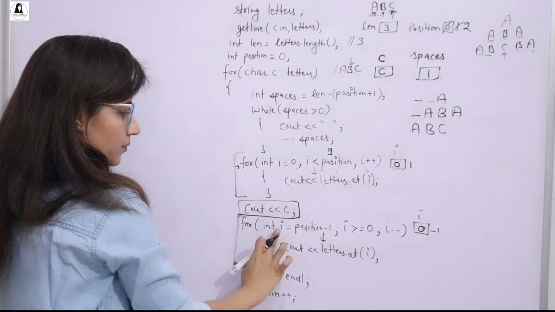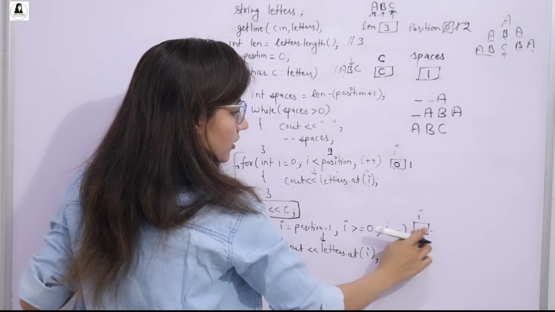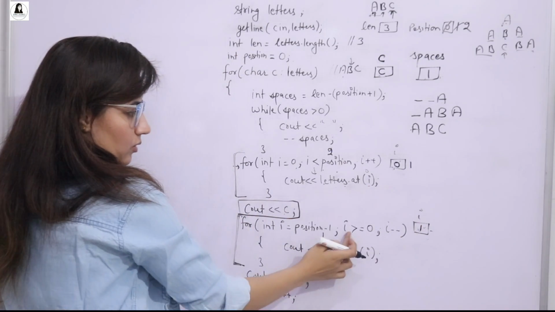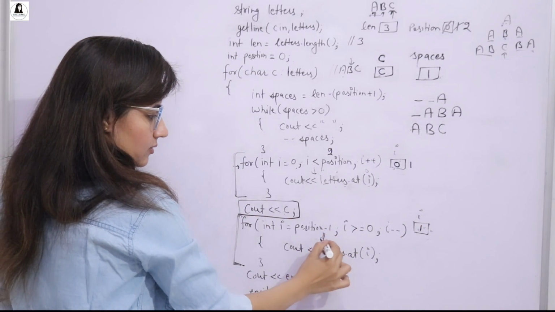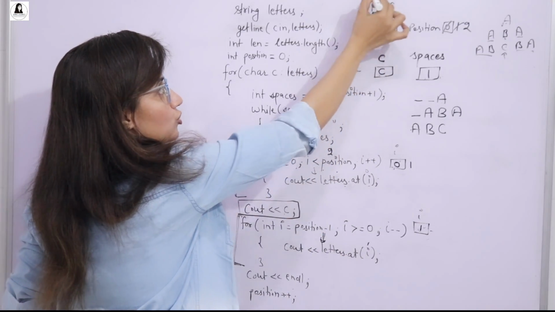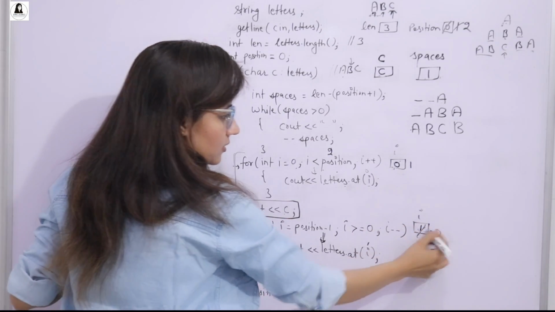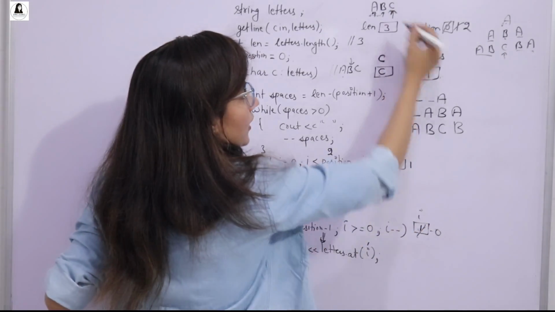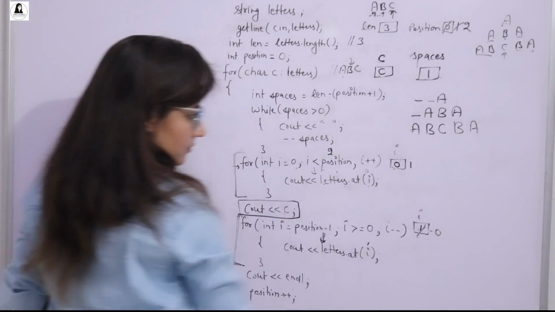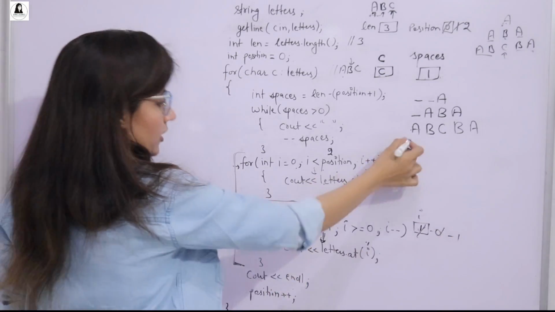Now in reverse order, I is position minus 1, position is 2, 2 minus 1 is 1. So I is right now 1. 1 greater than or equal to 0, yes. Enter here, whatever is there at 1 from this letters would be printed. So 0, 1, 2, at 1 we have B, so B would be printed. I minus minus, 0, at 0 we have A, so A would be printed. Then minus 1, this condition is not true. Out from this loop, endl means you are in the next line.